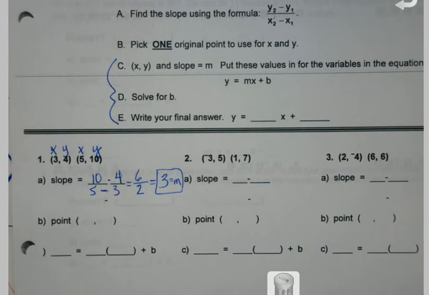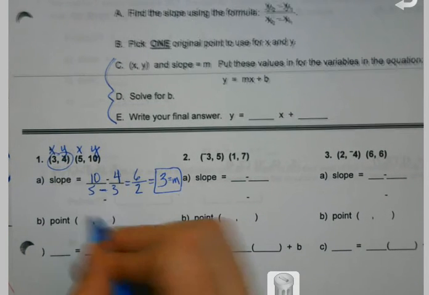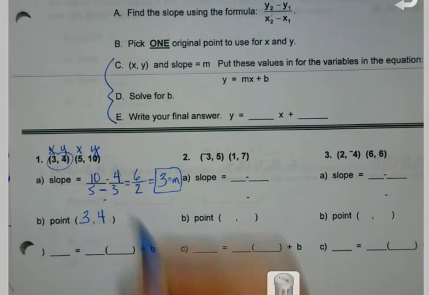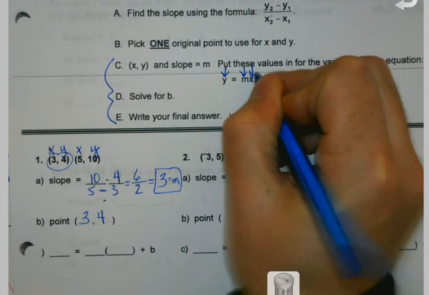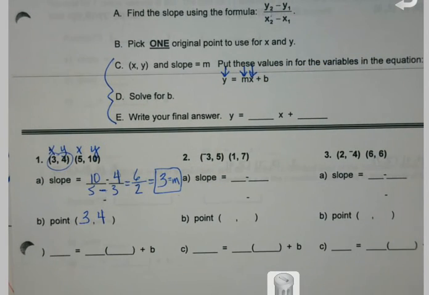That's my slope. Now when I get here, I pick either one of the points. Doesn't matter which one I use, I'm going to get the same answer. So I'm just going to use this guy. If somebody else wants to use 5 and 10 to make sure I'm telling the truth, you go for it. Okay, so now I say, I need to plug in to those 3 places, to y, to m, to x.